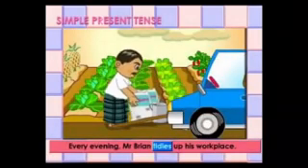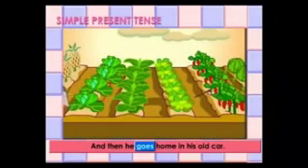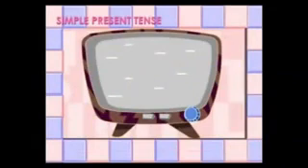Every evening, Mr. Brian tidies up his workplace. And then he goes home in his old car. What are these words? These words are words in the present tense form that we can find in the story of Mr. Brian.